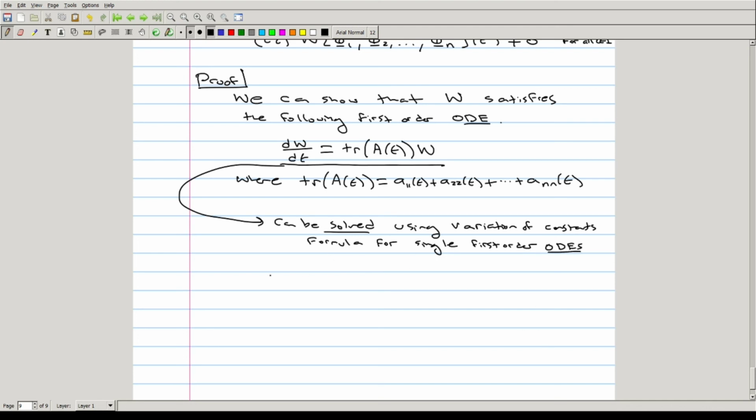And when you do this, you get that the Wronskian as a function of the independent variable is the Wronskian at the initial condition multiplied by e to the integral from t naught to t of the trace of matrix A of tau d tau.